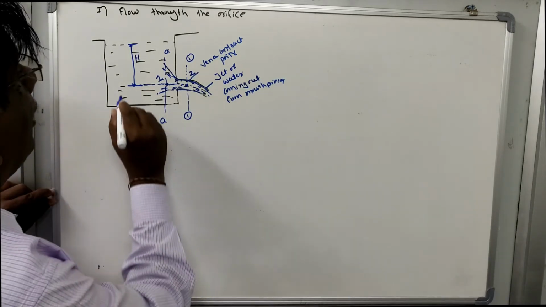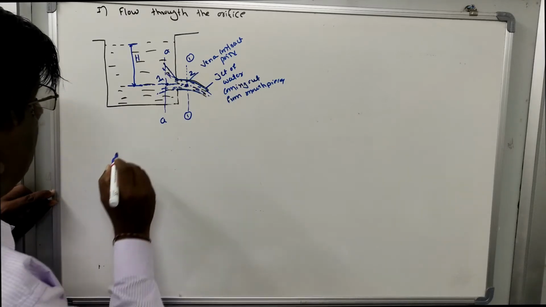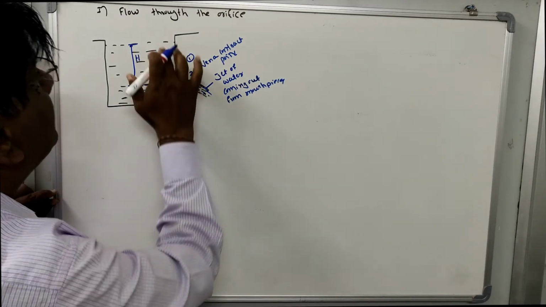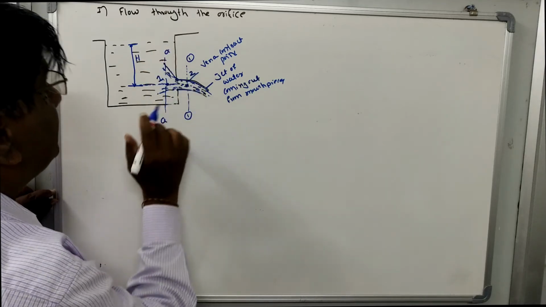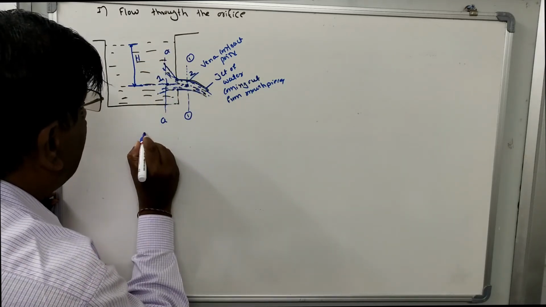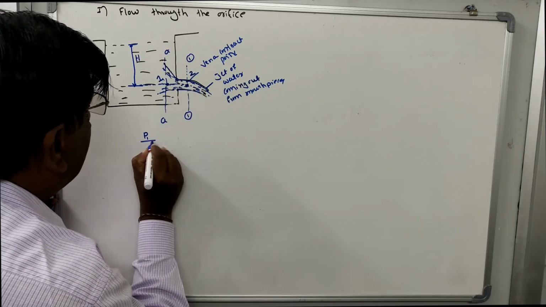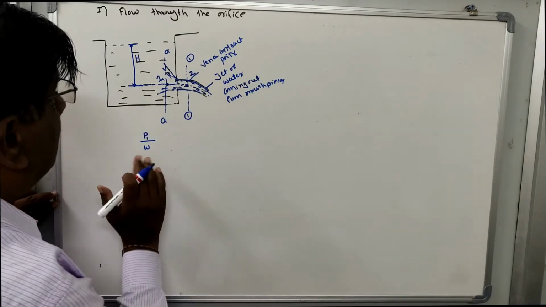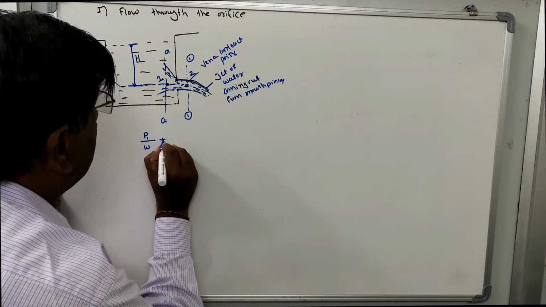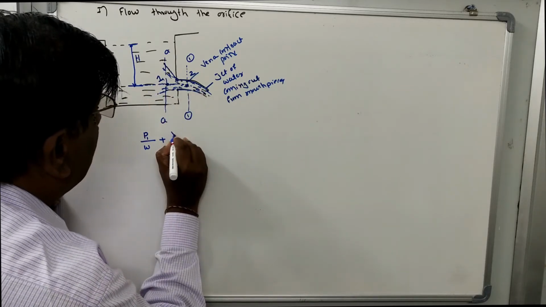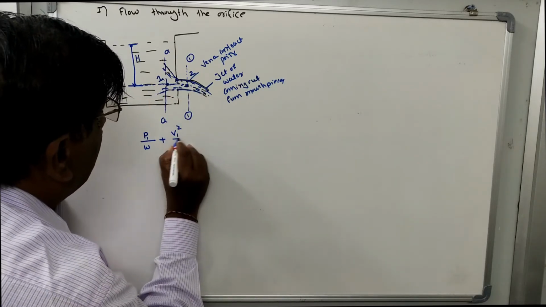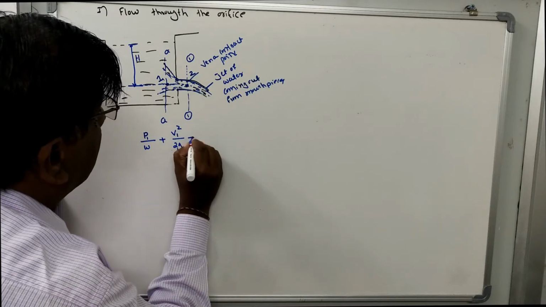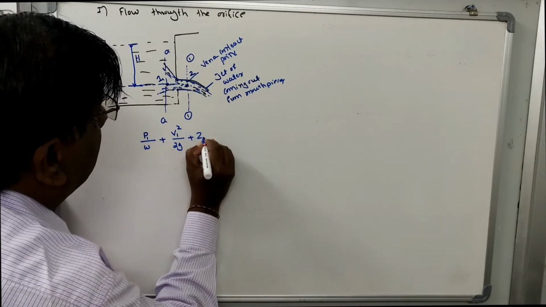Now applying Bernoulli's equation at section 1-1, the pressure head is P1 by W, where P1 is the pressure intensity at point 1, plus V1 square by 2g, where V1 is the velocity at section 1-1, plus Z1.